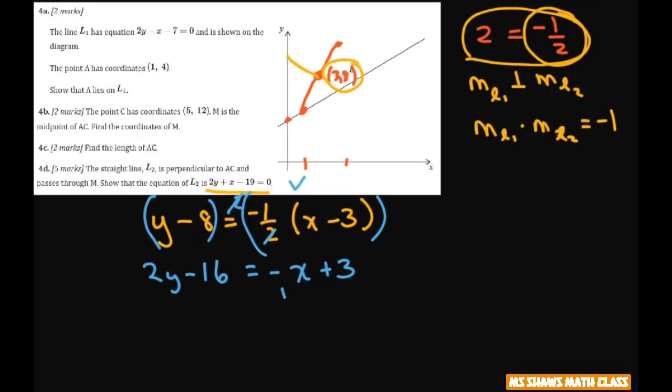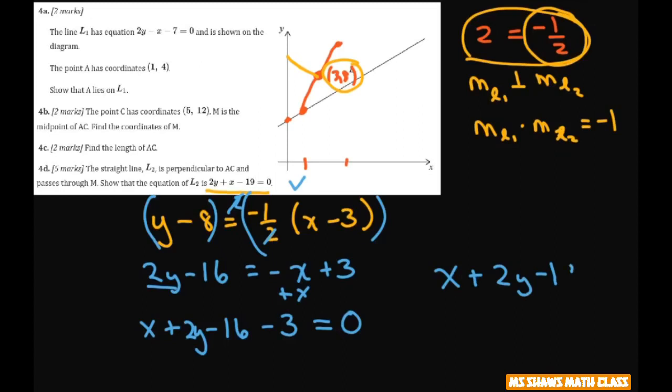I'm going to add x to both sides. You get x plus 2y minus 16 minus 3, 2y. So that equals 0. And simplifying further, you get x plus 2y minus 19 equals 0.